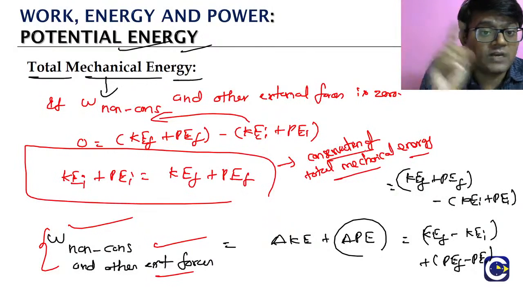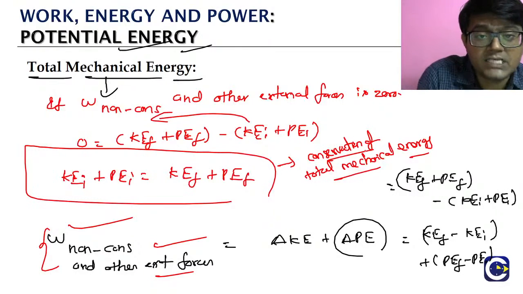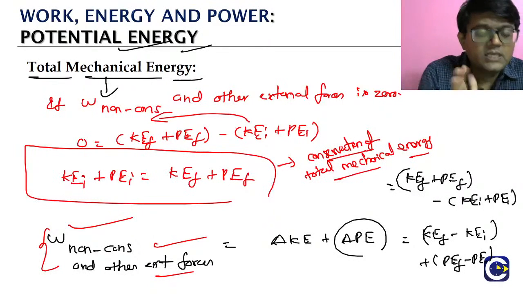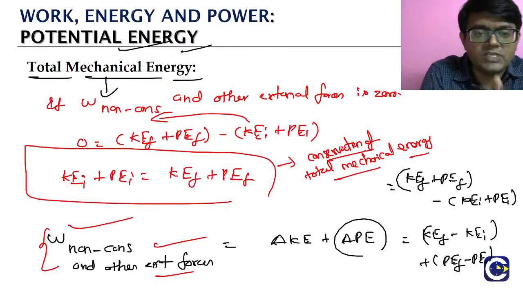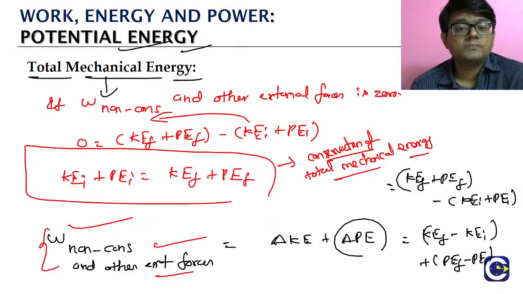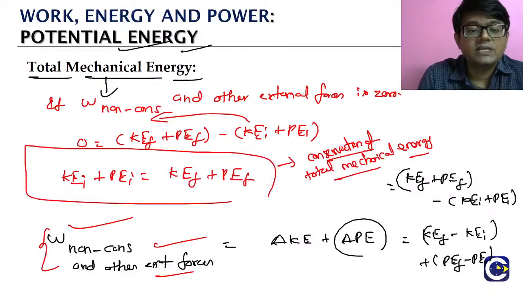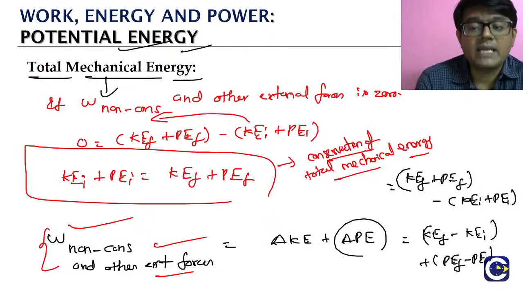In potential energy, we are not referring to electrostatic, only the ones that we use in mechanics. What are those? Gravitational potential energy and spring potential energy. So the sum of the initial kinetic energy plus potential energy of the objects will be equal to the sum of the final kinetic energy and potential energy. This condition is what we call conservation of total mechanical energy.